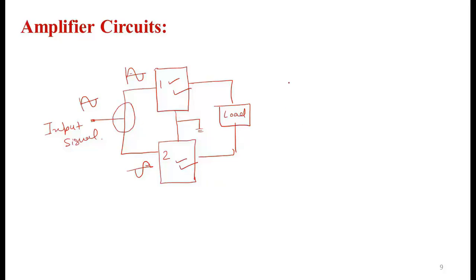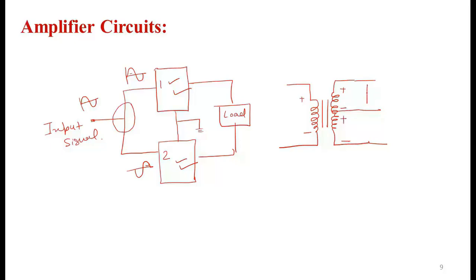We can obtain this phase splitting by using a transformer. If we use the transformer primary on the input side, and the secondary on the other side of the circuit, we can have the phase split signals. If this is a positive signal, this is a negative signal, we have here positive, negative, negative, positive.